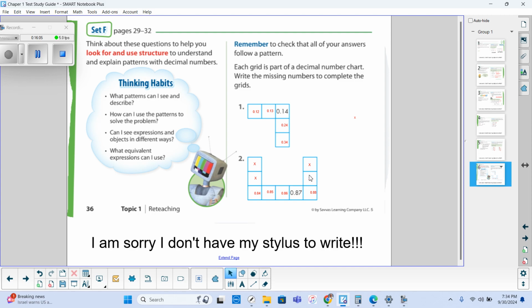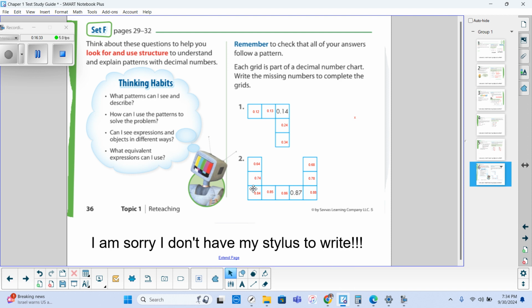Now above the 88 hundredths would be a tenth less than that, would be 78 hundredths. And above that would be 68 hundredths. So 0.68. Above the 84 hundredths, a tenth less than that would be 74 hundredths, and a tenth less than that would be 64 hundredths.